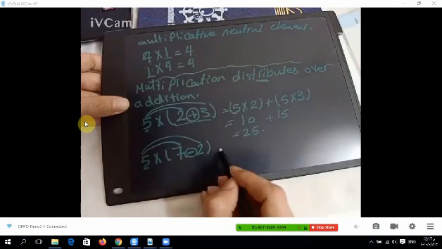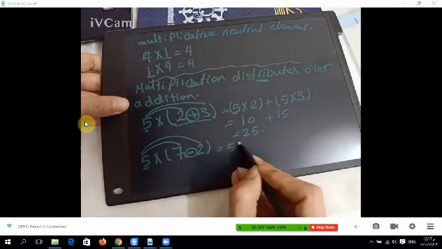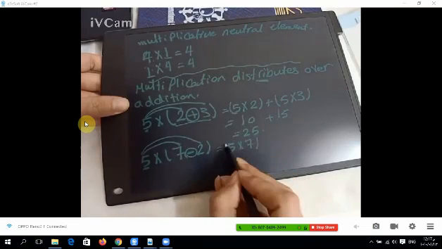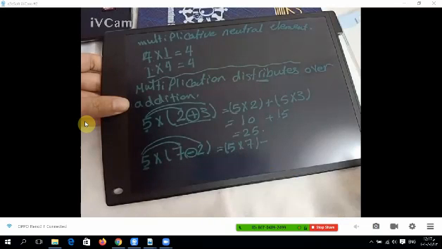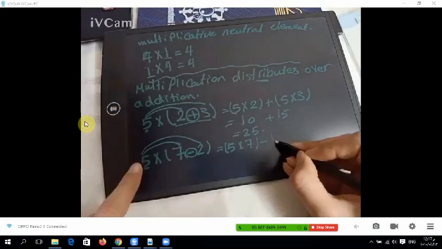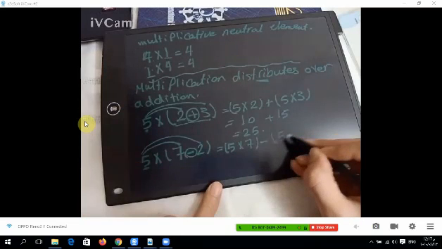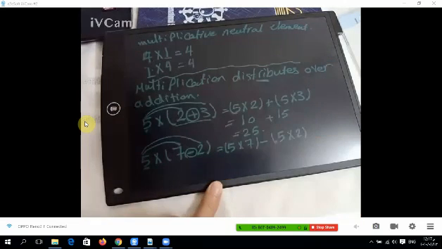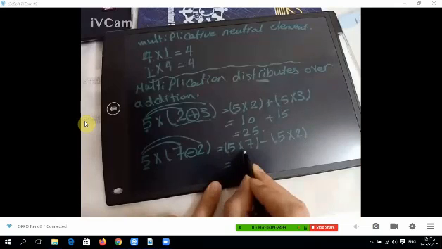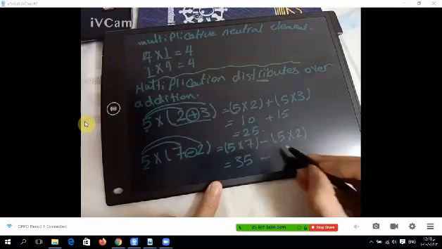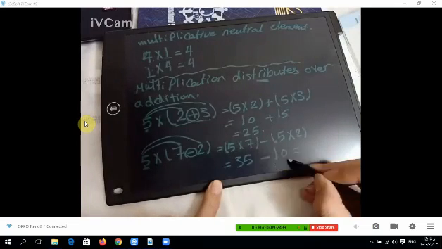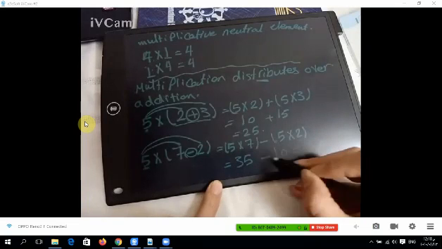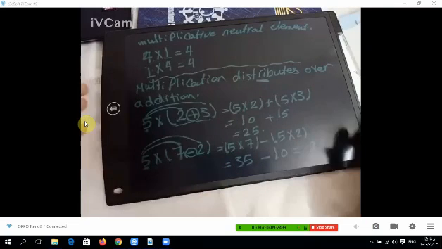So it equals 5 times 7, this time it's minus, so I put minus, then 5 times 2. So 5 times 7 equals 35 minus 5 times 2 equals 10.